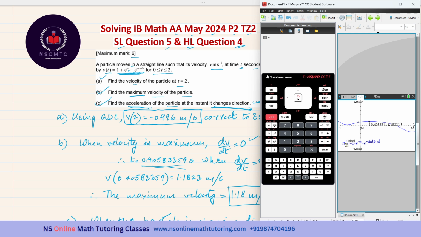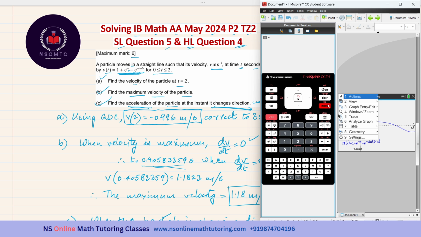And finally, find the acceleration of the particle at the instant it is changing its direction. So over here we have to find. So this is f1 of x. Okay, so let us draw the graph, because I can find, see, menu.